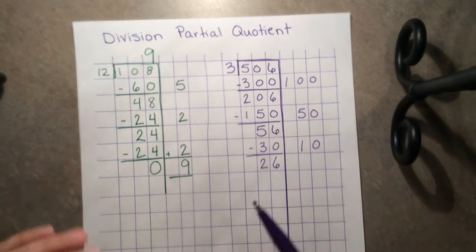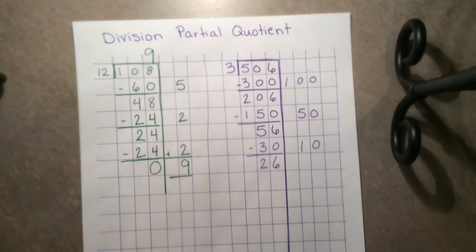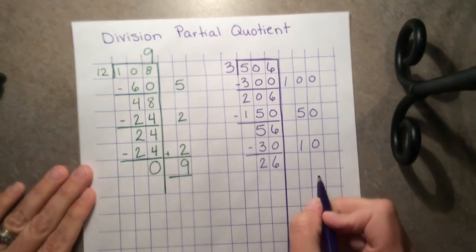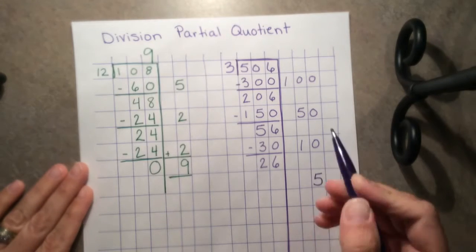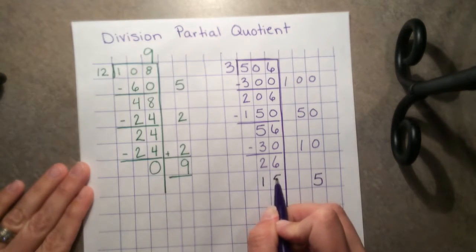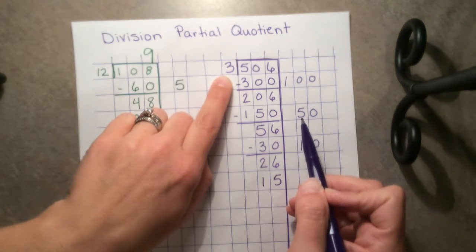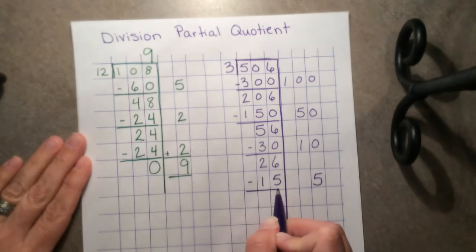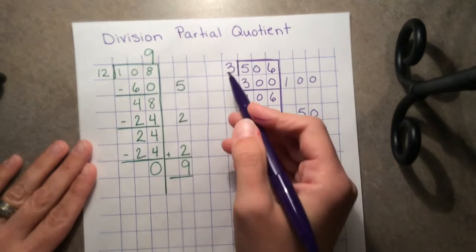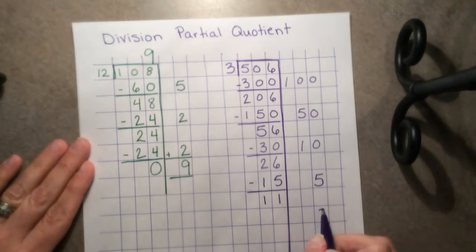A student then may look at 26 and not know the answer, that 3 times 8 is 24. But they may know that, again, 3 times 5 is 15. They used that fact up here when they did 3 times 50. A student then should know that 3 times 3 gives them 9.